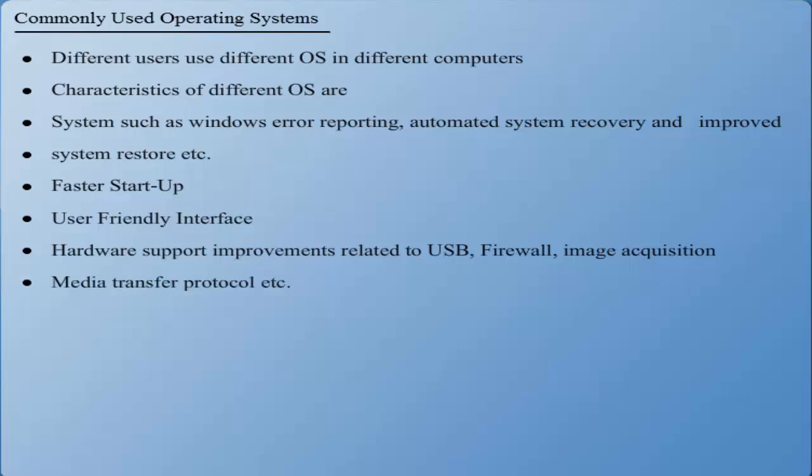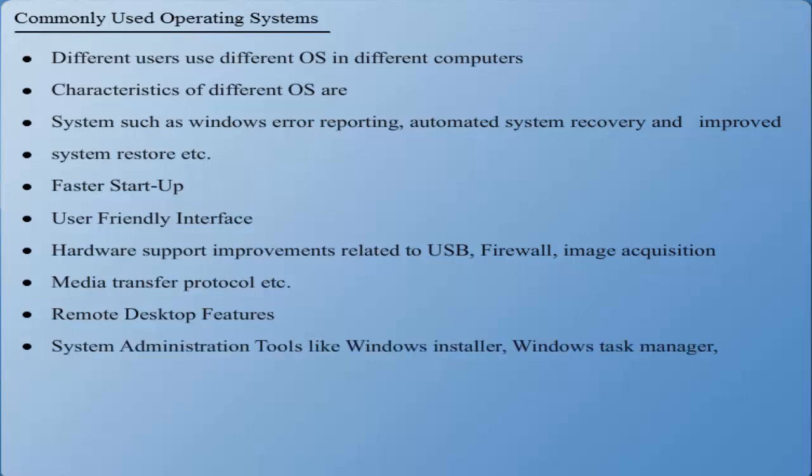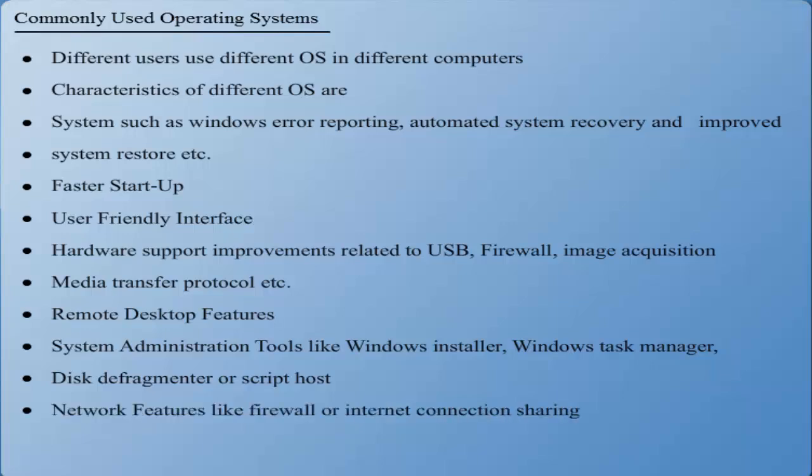Number 5, remote desktop features. Number 6, system administration tools like Windows Installer, Windows Task Manager, Disk Defragmenter, or Windows Script Host, etc. Number 7, network features such as Windows Firewall and Internet connection sharing.